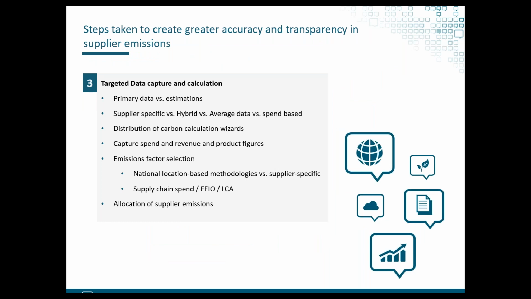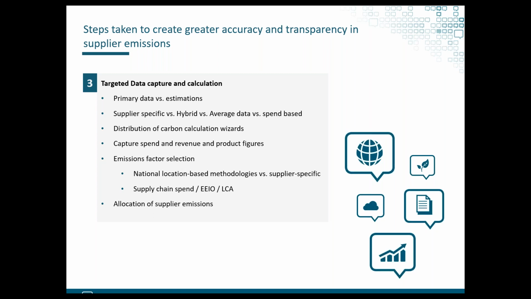So this brings us to step 3. Once you've received the GHG data assessment responses from suppliers, it should be possible to identify the type of data you need to collect from each supplier, and therefore which subsequent method to select to calculate the emissions from those suppliers. So is it going to be through primary data, full estimation using secondary data, or a mixture of the two?